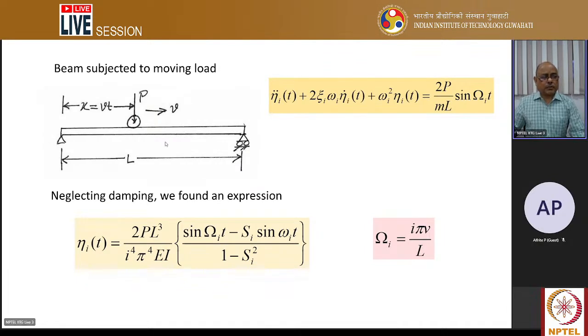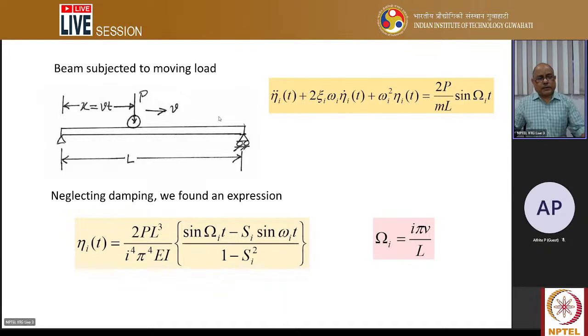A similar concept is used for the problem of a beam subjected to a moving load. This type of problem is very often met with in the vibration of bridges due to moving vehicles. So suppose here, for simplicity, we are considering a single wheel load that is passing over the beam at a constant velocity v.